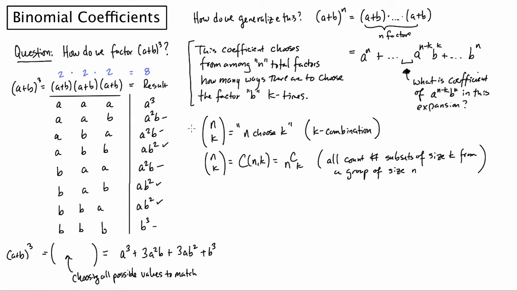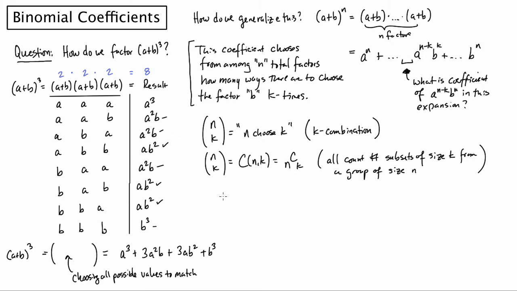This combination has two things that are expressly a part of it. We'll talk about those in a later video, but basically n choose k is going to pick the number of subsets. That's how I want you to think of it. Count the number of subsets of size k from a group of size n.